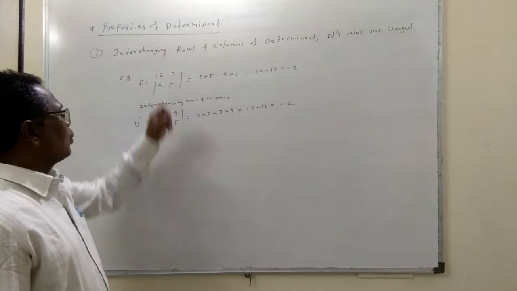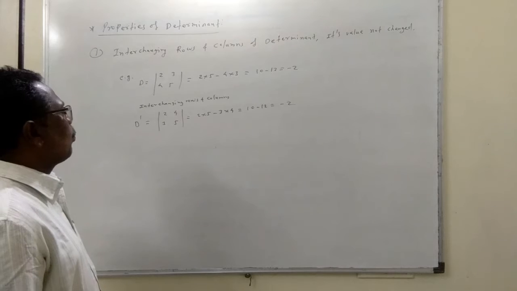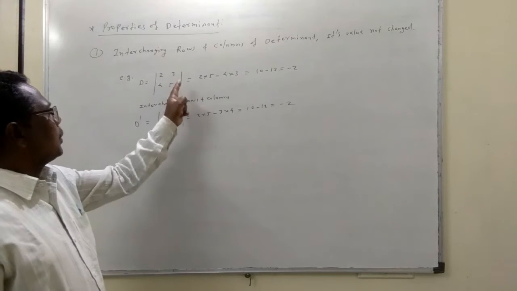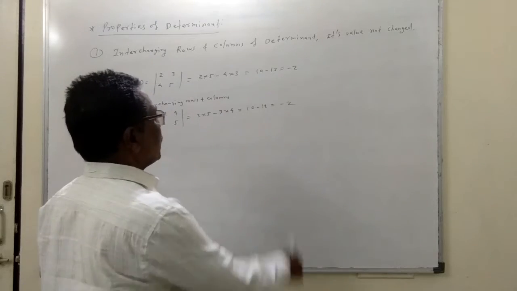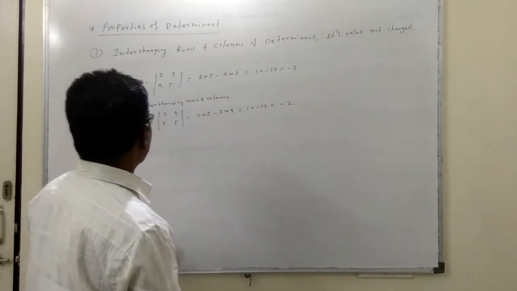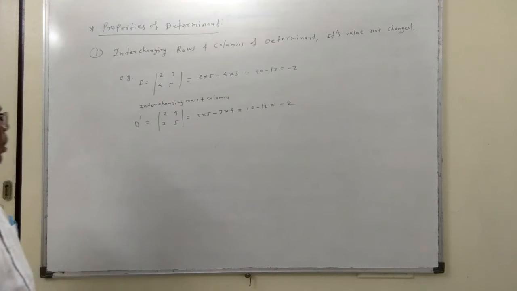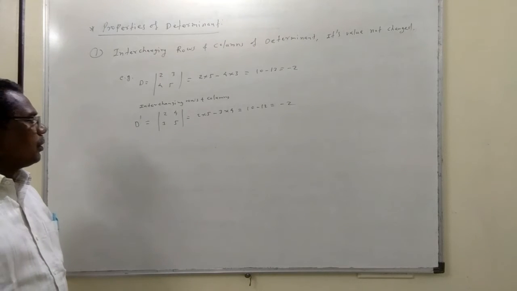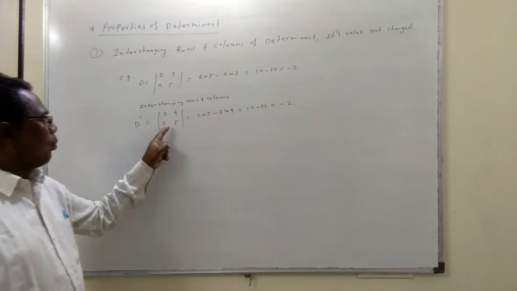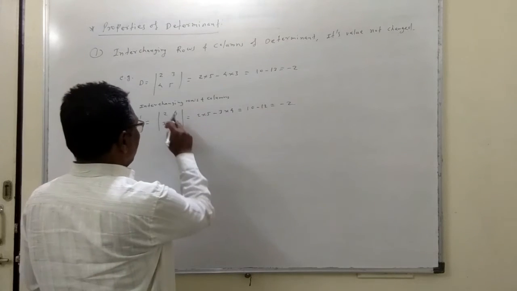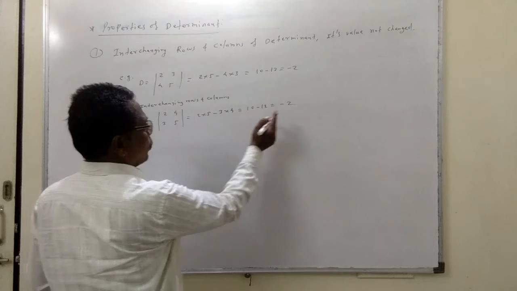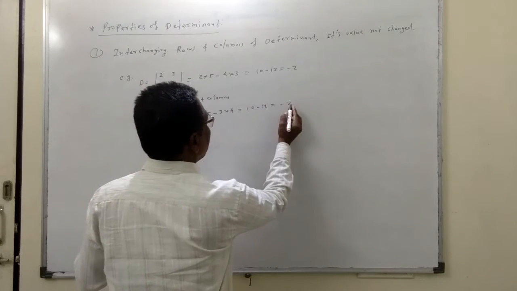For example, suppose D is equal to 2, 3, 4, 5. If we expand this, 2 into 5 minus 4 into 3, that is 10 minus 12, so minus 2. Now interchanging rows and columns, suppose we get the determinant D dash: 2, 4, 3, 5, that is equal to 2 into 5 minus 3 into 4, that is 10 minus 12, again minus 2.